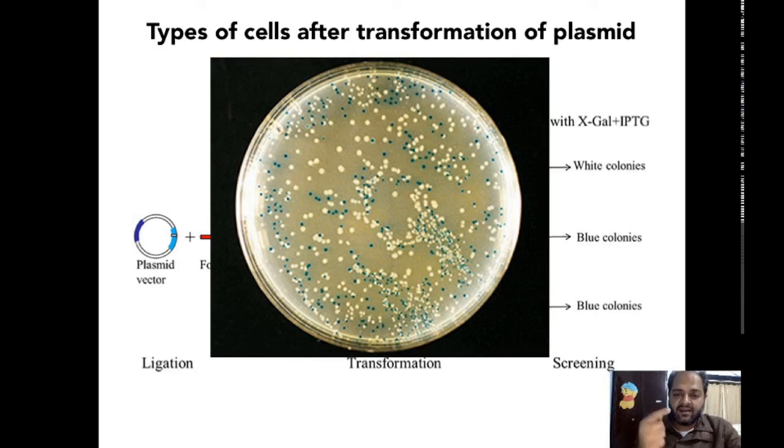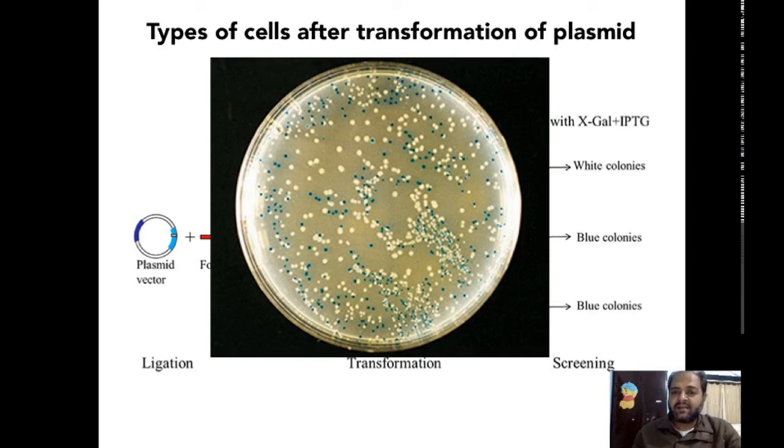So you can take a loopful from these white colonies and culture them in the presence of antibiotics so that sufficient pressure is exerted. I think this experiment was done with pUC19, so you can use ampicillin on the plate as well as while culturing.